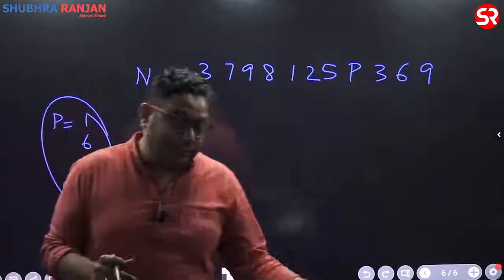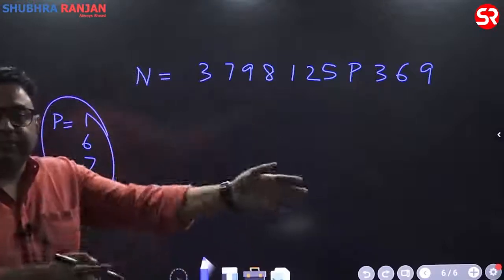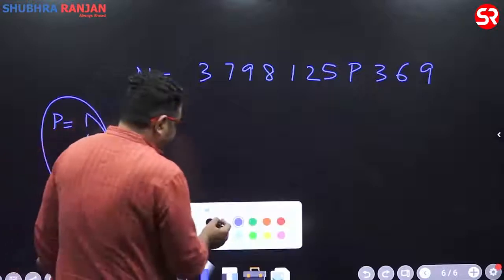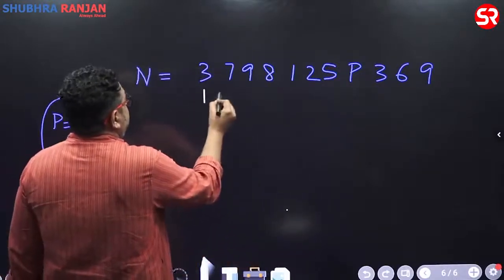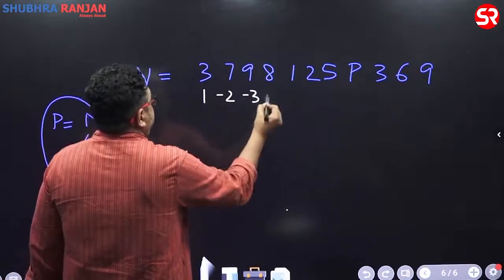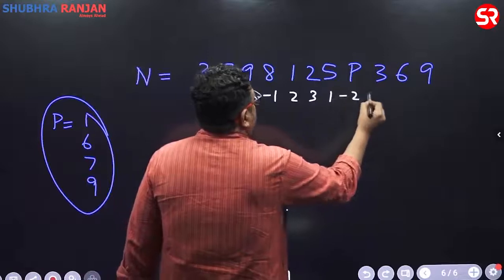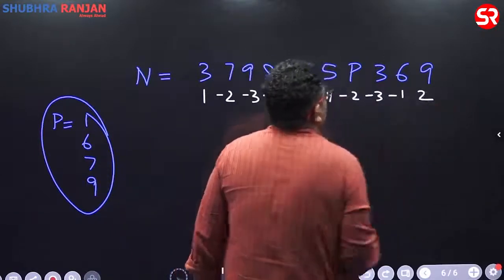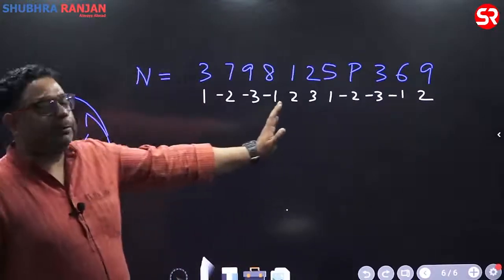So if you don't know the rule, definitely you will put each value and divide by 7, isn't it? But you, being our students, just know the rule. So this is it: 1, minus 2, minus 3, minus 1, 2, 3, 1, minus 2, minus 3, minus 1, 2, isn't it? And you don't need to write the full thing, wherever it stops.